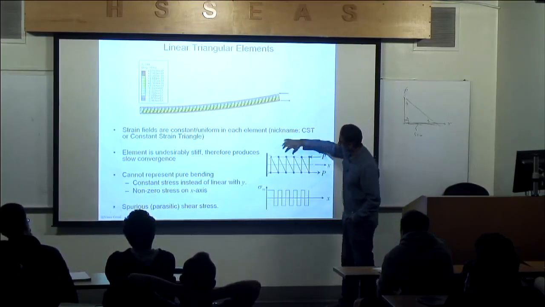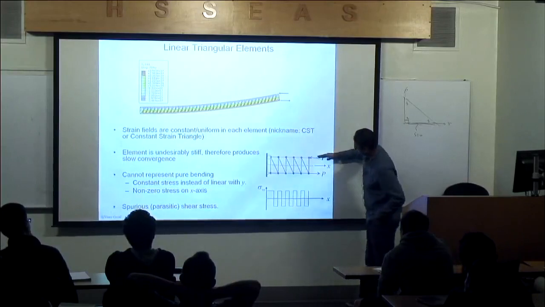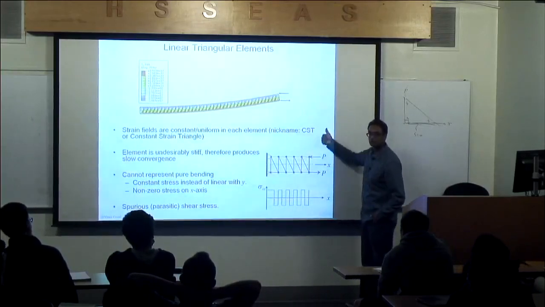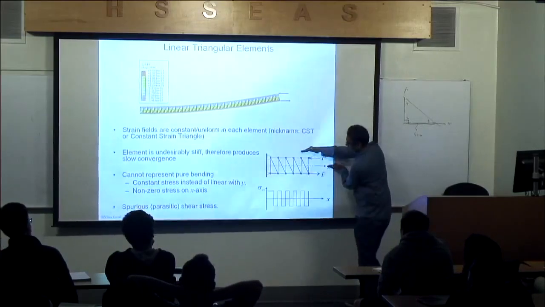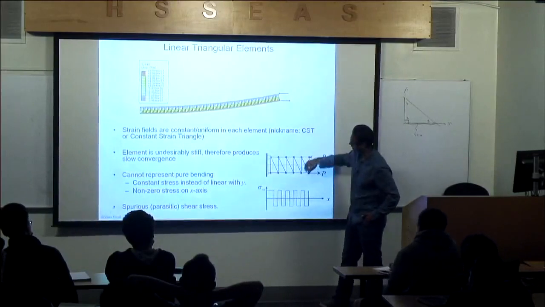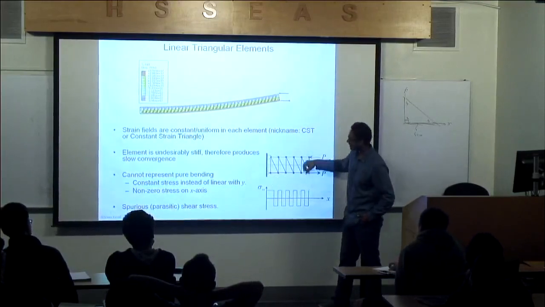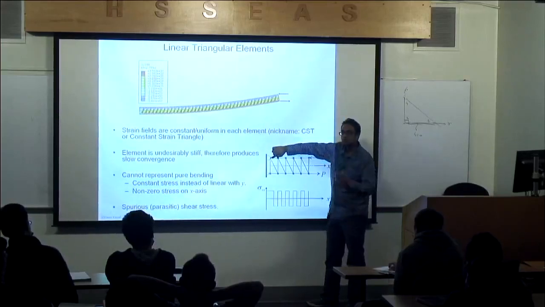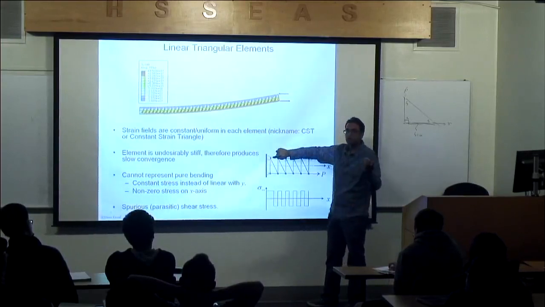Because the strain is constant, do you agree that if I apply a load here, it wants to bend that way, going up, right? So I'm applying bending, so the thing wants to bend upwards. You agree that the top will be in compression, the bottom will be in tension, right? So if it's in compression, and since the strains are constant in the element, then all these elements will have a constant compression value.